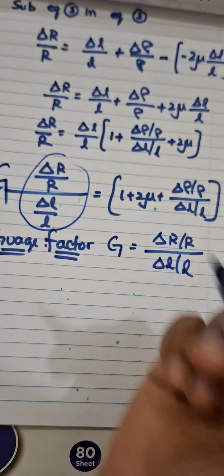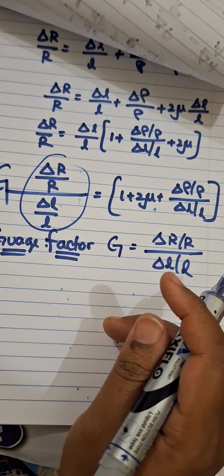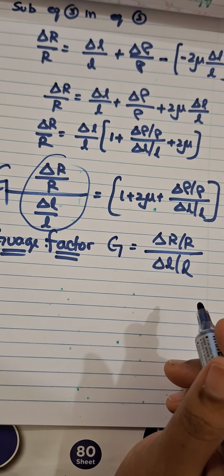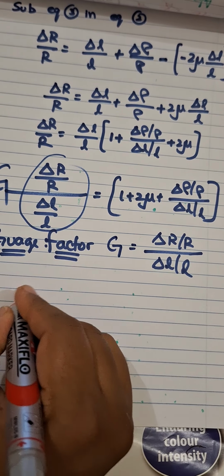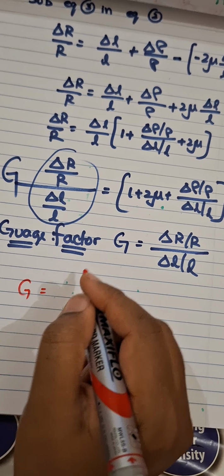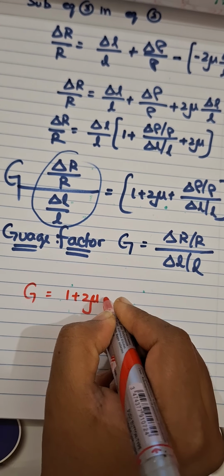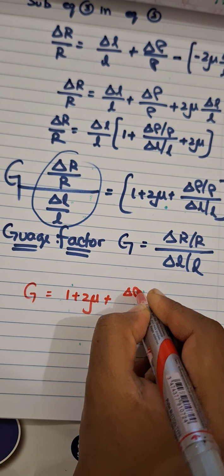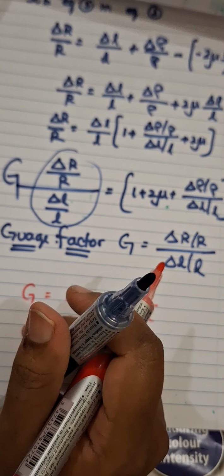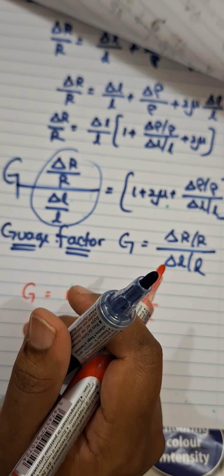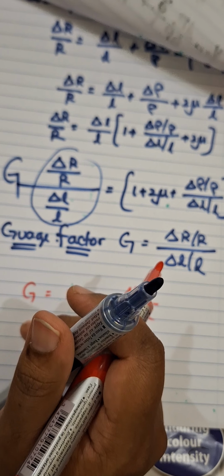So this one I am going to term as G. So therefore, we can say that the equation for G, the strain gauge factor, is G equal to 1 plus 2 mu plus change in the resistivity by change in the length. So this is the strain gauge method.